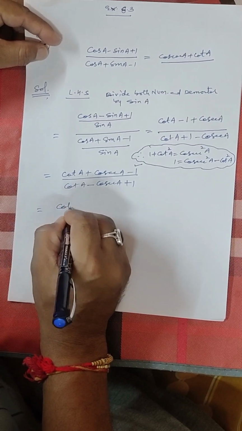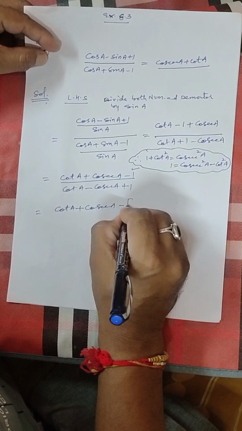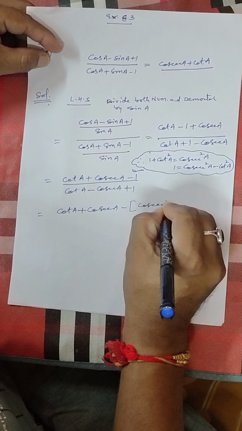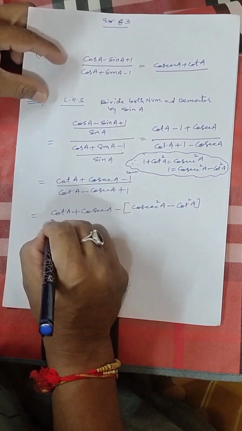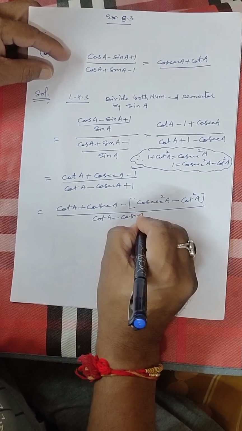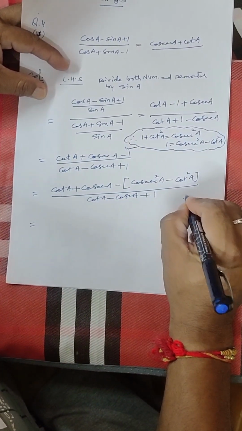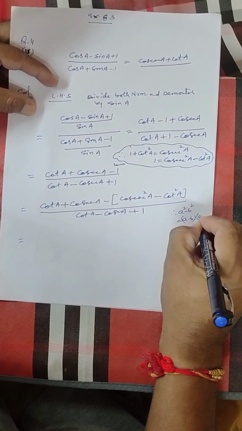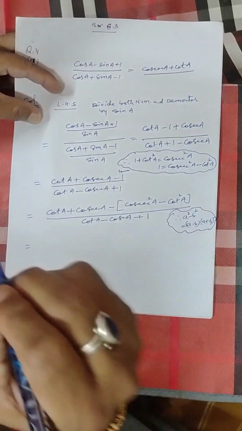Now apply the identity: cot A plus cosec A minus, in place of 1 you have to apply cosec square A minus cot square A, upon cot A minus cosec A plus 1. Now this is A square minus B square, which will become A minus B and A plus B. Right?